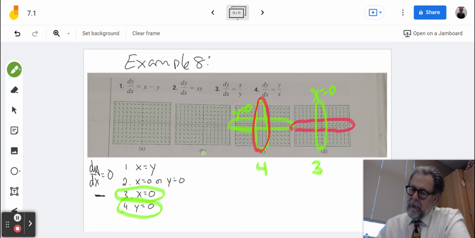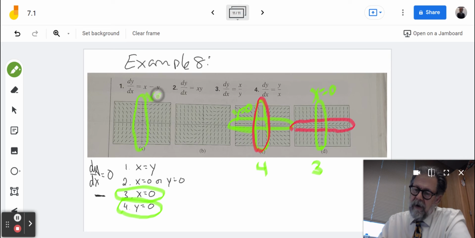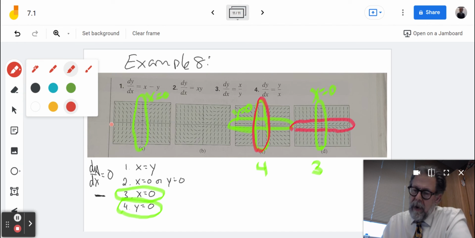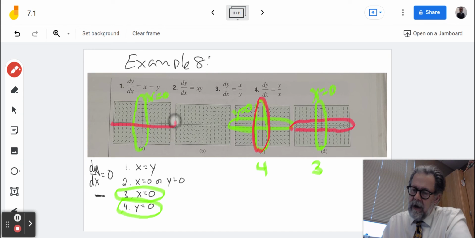Well, definitely not B. Not worried about the x or y axes there. Okay, this is interesting. When x equals 0, we have a slope of 0. But actually, we have a much better look at what's happening here. Notice that these lines look like they're going to be vertical along y equals 0, along the x-axis. So in fact, this is number 3.